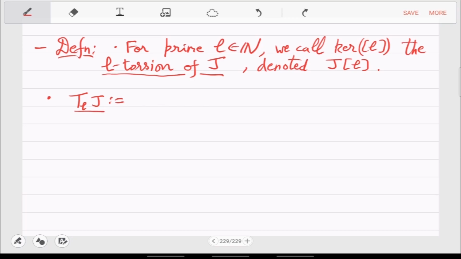How do I write it? Kind of this. So T_L J contains all the L power torsion points.